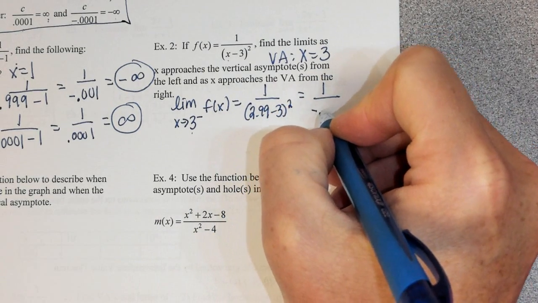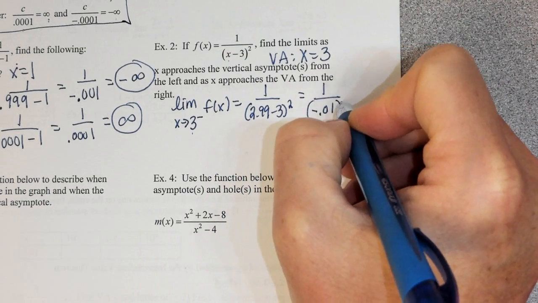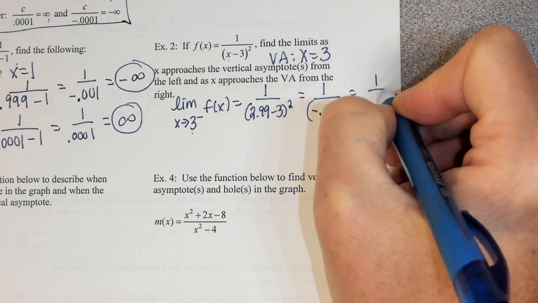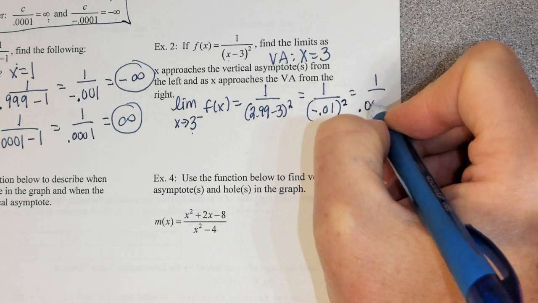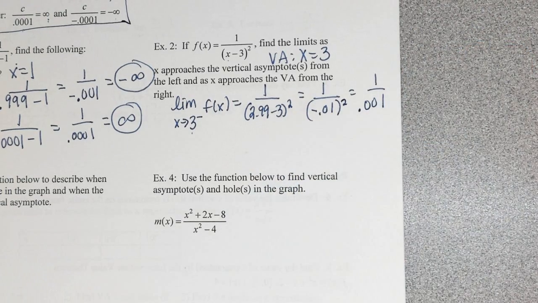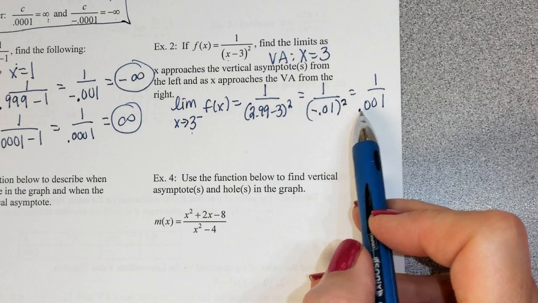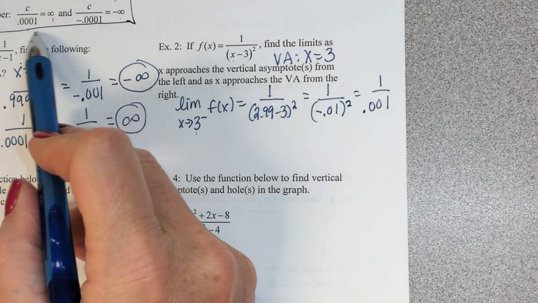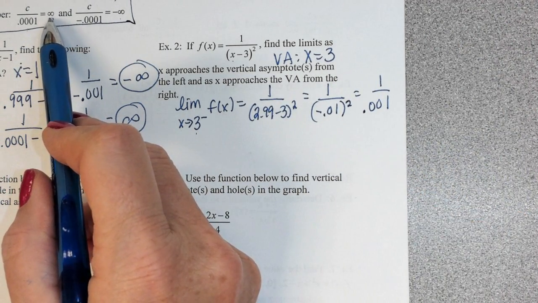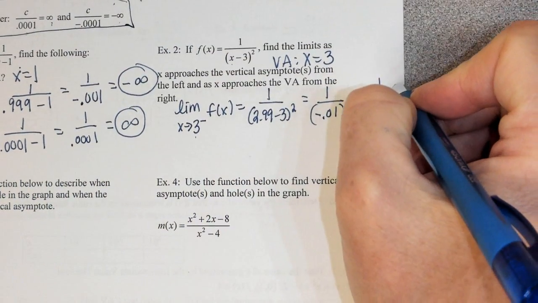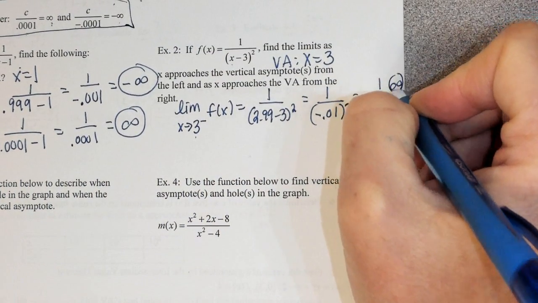That's negative 0.01. But if I square it, that's going to be positive 0.001. And what's that equal to if I have a constant divided by 0.001? That's the same thing as infinity, right? So this is going to be infinity.